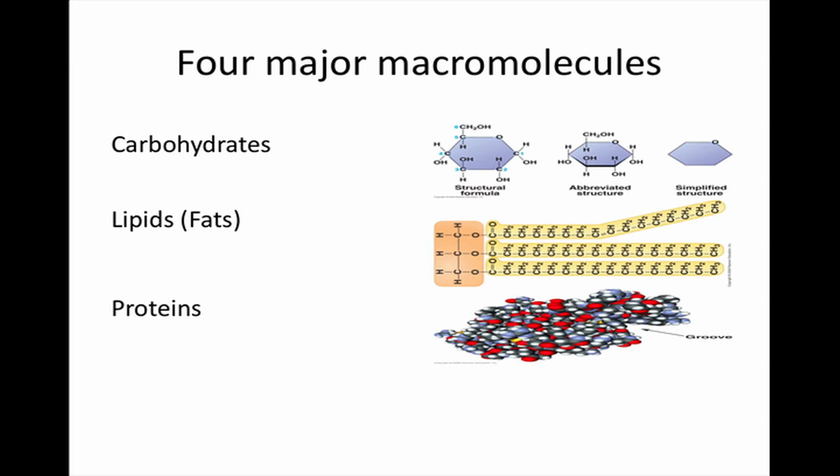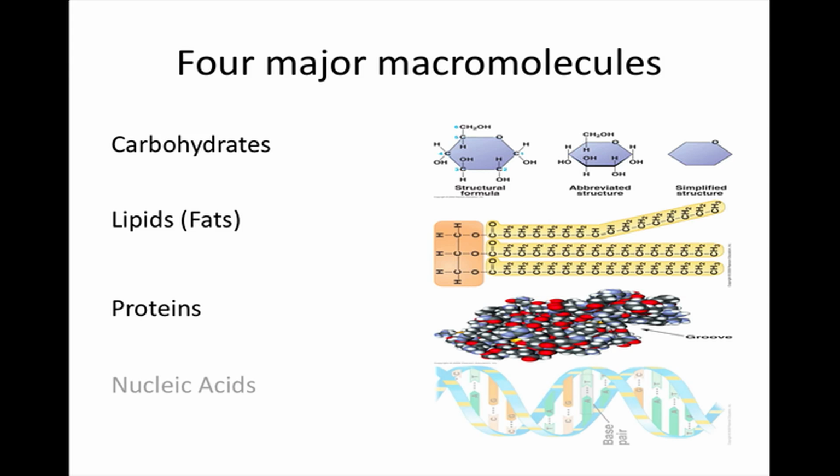Third are proteins. They are known for their unique three-dimensional structure and are important to the structures of cells and organisms and participate in everything they do. Last are nucleic acids, which are responsible for containing every living thing's genomic information. Next, we will talk more in depth about the four major molecules.